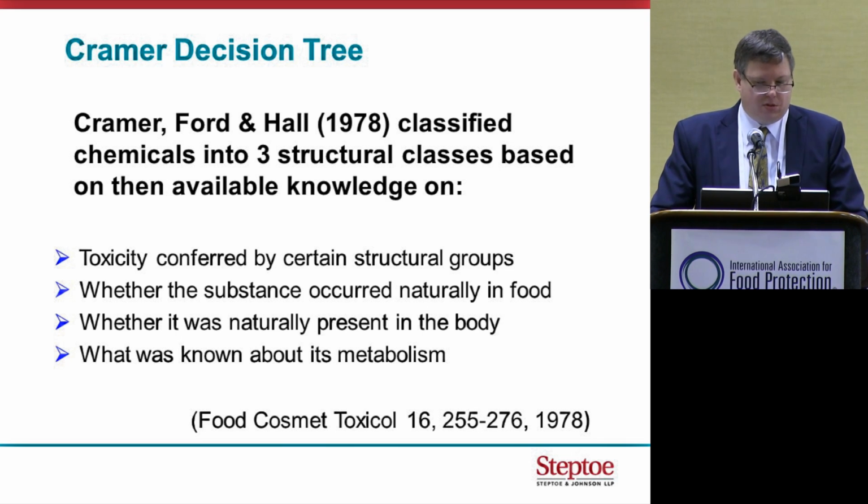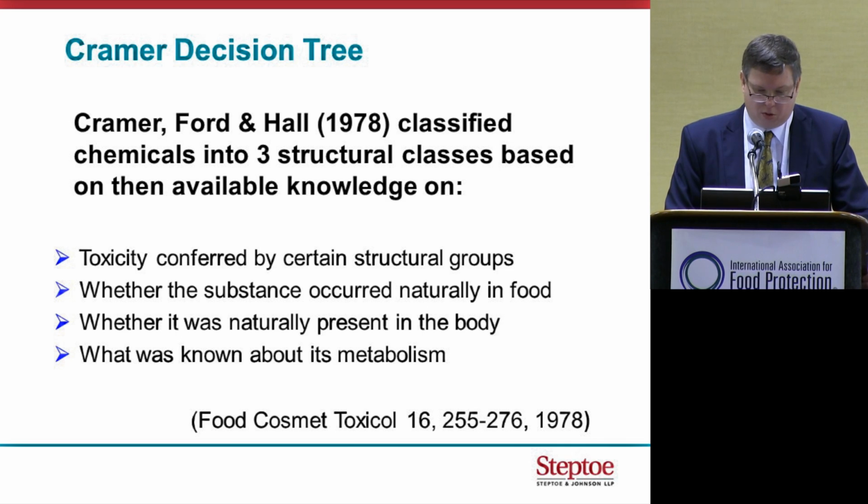And the principles in that particular decision framework, the Cramer decision tree, were that toxicity is conferred by structural groups. They considered whether the substance occurred naturally in food or was produced endogenously in the body, and what was known about the metabolism of the substance or similar substances.